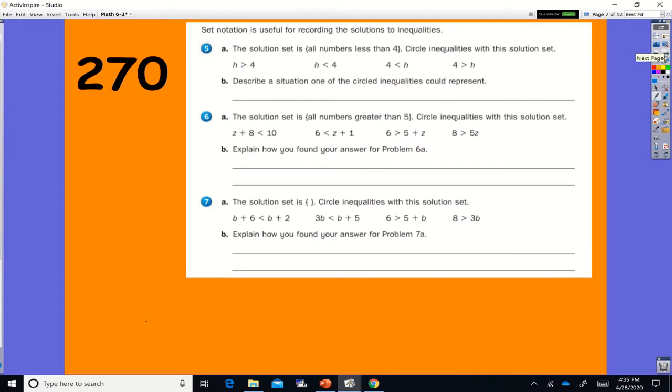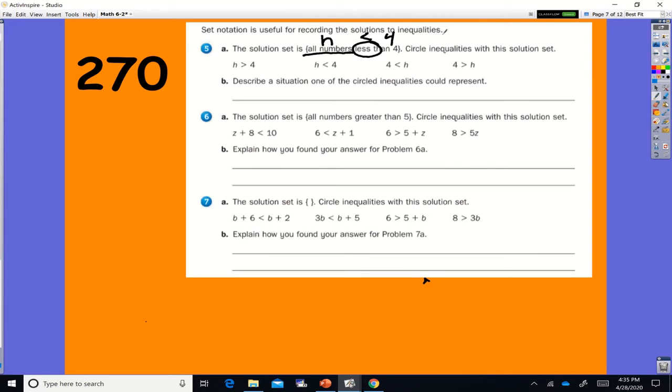So on page 270, what we are going to be doing is circling the solution set. Now look at those notes that I have provided for you. All numbers, think of that as our variable. So all numbers, they have H here. Less than sign, if you look, that's our H less than 4. Now if you notice on your note sheet, look at your less than.